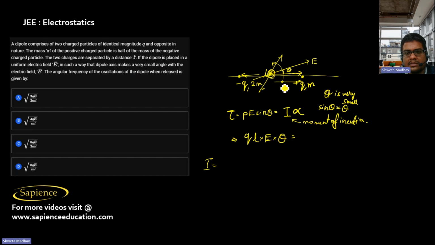This length is L. So this is L by 2 and this is L by 2. Here actually it will oscillate about the center of mass.